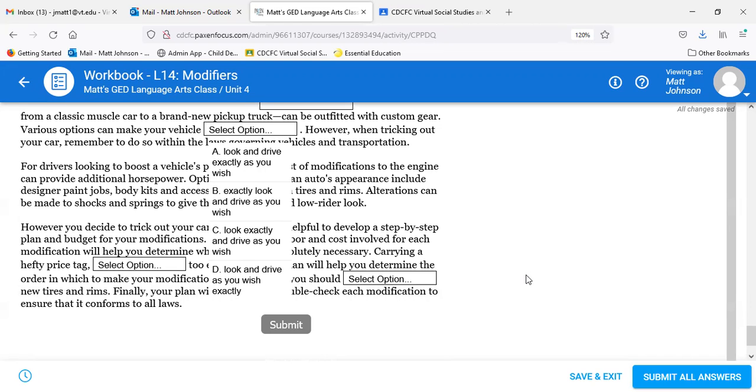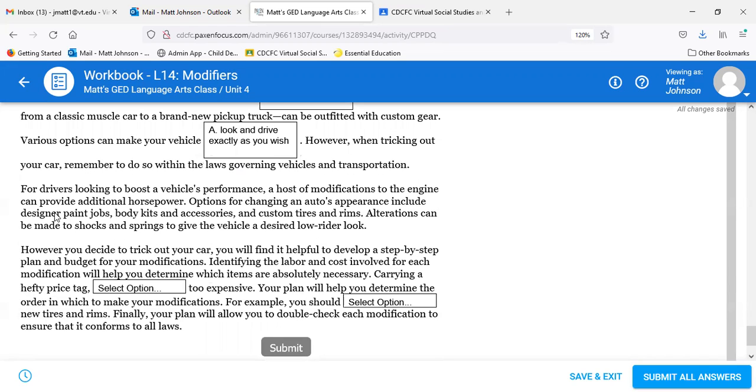Otherwise, if we use B, exactly look and drive as you wish, we're modifying the wrong object there. So A, various options can make your vehicle look and drive exactly as you wish. Make is our verb, vehicle is our object, right? So look and drive is the verb, exactly as you wish.